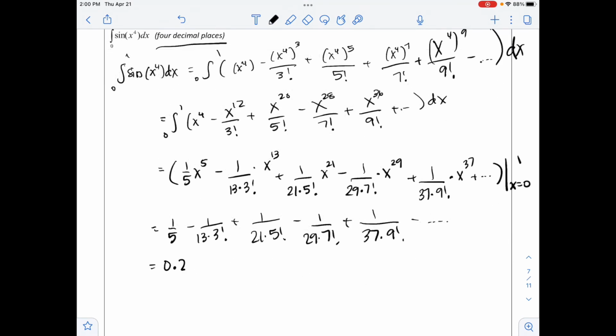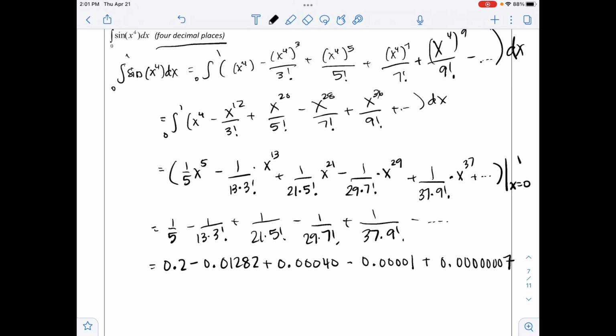1/5 is going to be 0.2. Minus 1 over 13 times 3 factorial is 0.01282, plus 1 over 21 times 5 factorial is going to be 0.00040. The next term that we have is minus 0.00001. And then the next term that we have would be plus 0.0000007.